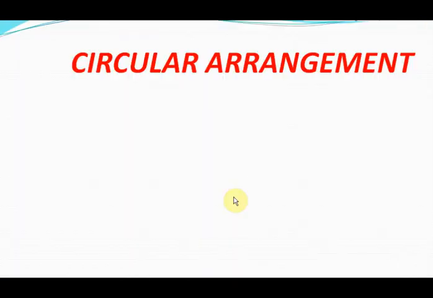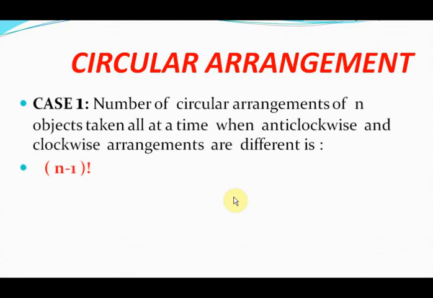Now let us see the different ways of calculating the number of circular arrangements. Let's take case number 1. The number of circular arrangements of n objects taken all at a time when anti-clockwise and clockwise arrangements are different is equal to (n minus 1) factorial.